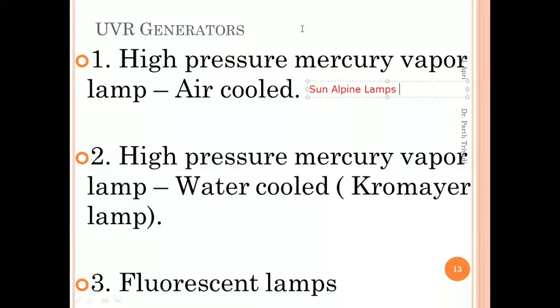Now, making it very simple for all the students, I will share on the whiteboard what we were discussing about sun alpine lamps, also known as high pressure mercury vapor lamps. Clear?